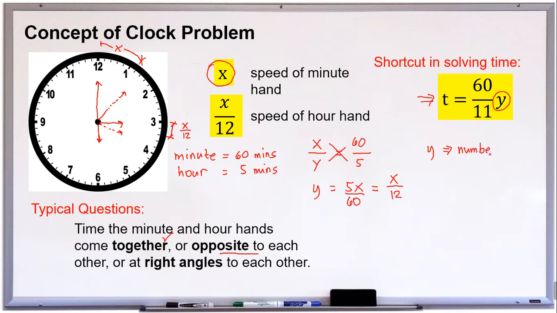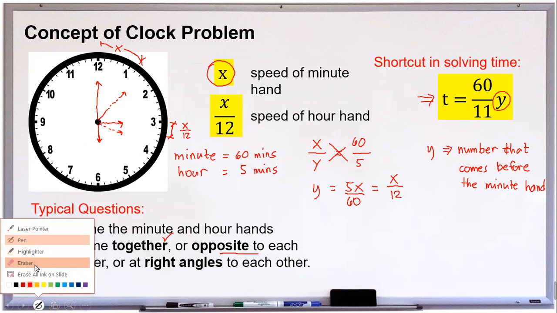This is the number in our analog clock that comes before the minute hand. Let's say, for example, let's go back here to our analog clock.